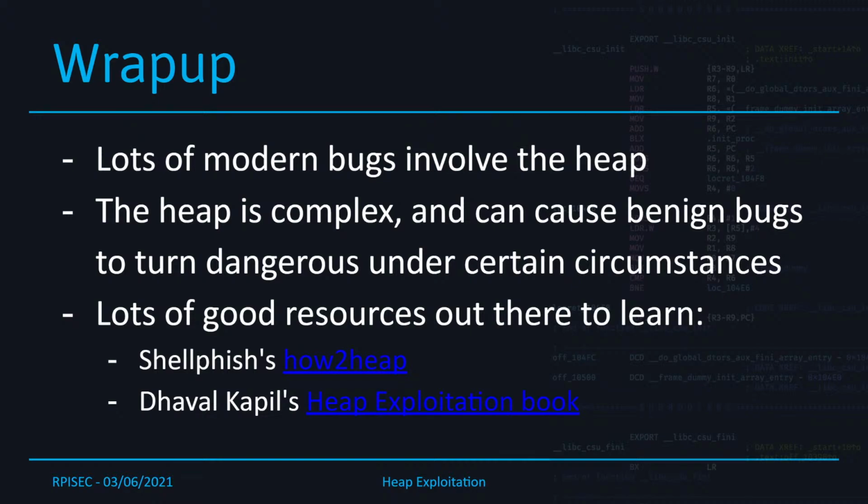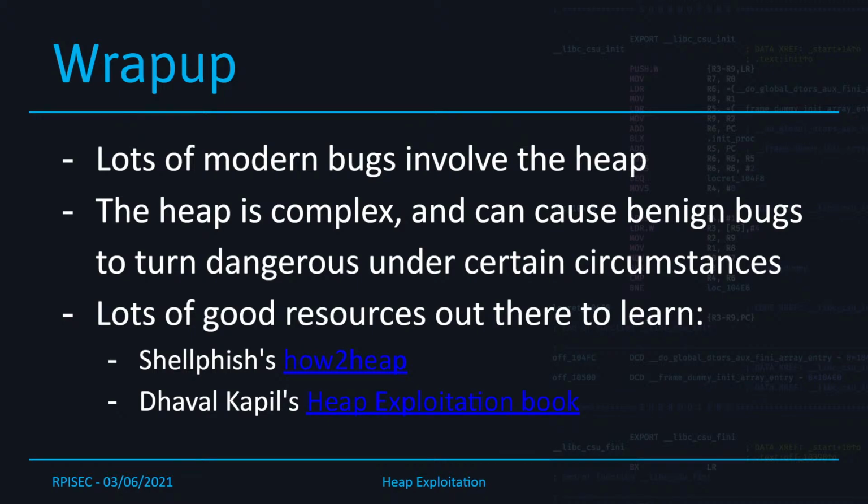So the heap is really interesting, especially use-after-frees, because those lead to what we might call type confusion, where the program thinks it's one thing in one place, but then it winds up being a different type somewhere else, and you wind up getting control of the function pointer. So the heap is quite complex, and you can get things that might be benign in one circumstance suddenly blow up into code execution in other circumstances.